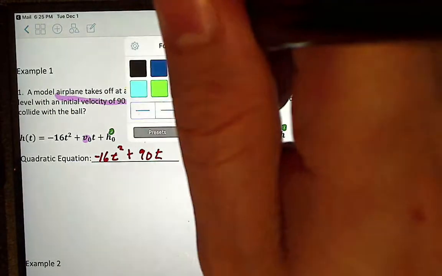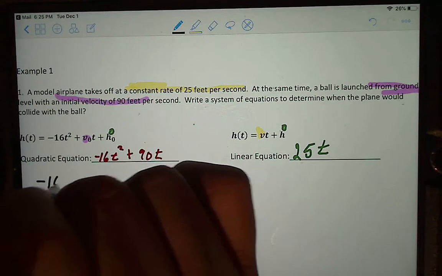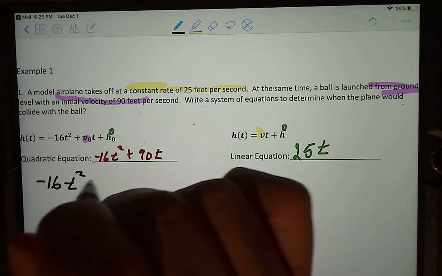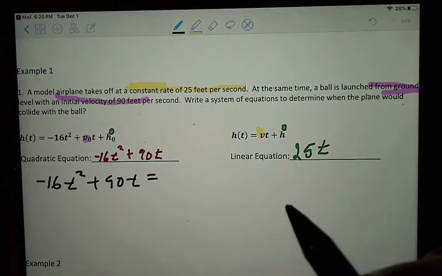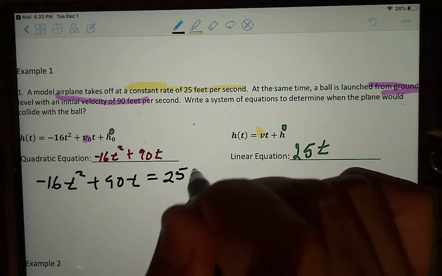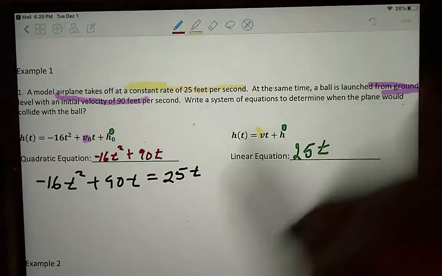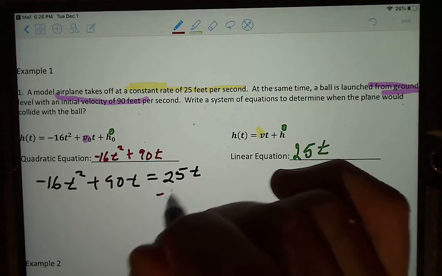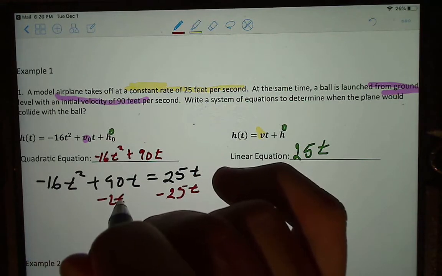And so like we did the other day, where I set the two equations equal to each other, 25t, okay? And then you kind of rewrite some things a little bit. So it's minus 25t minus 25t.